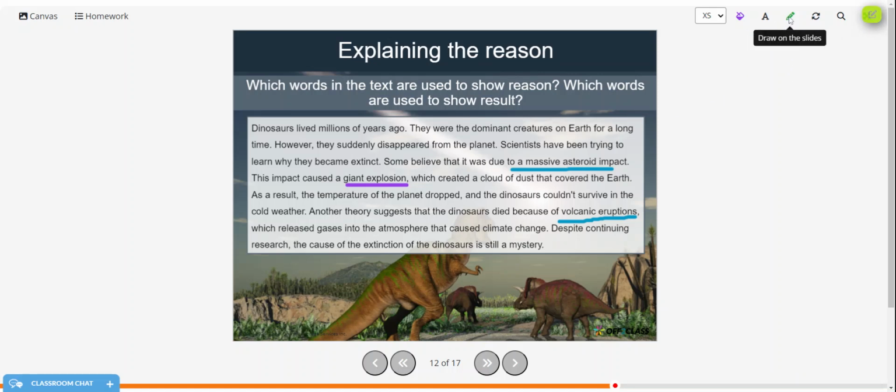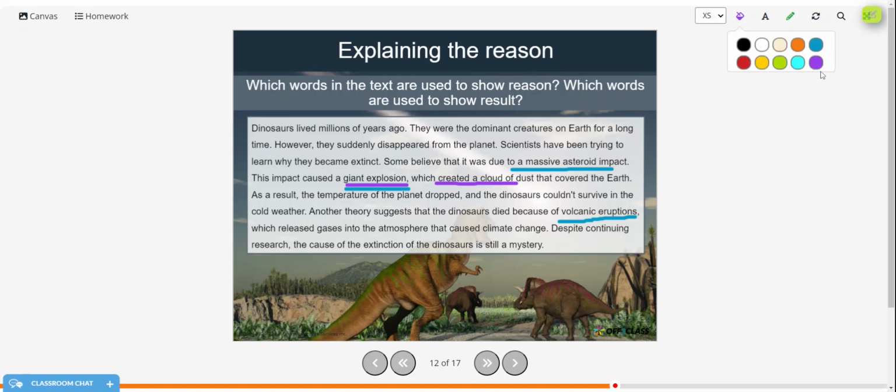But then the giant explosion is also the reason that the cloud of dust was created.